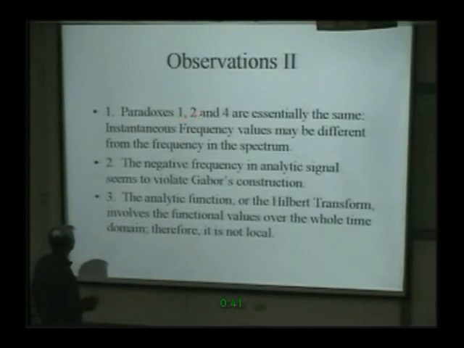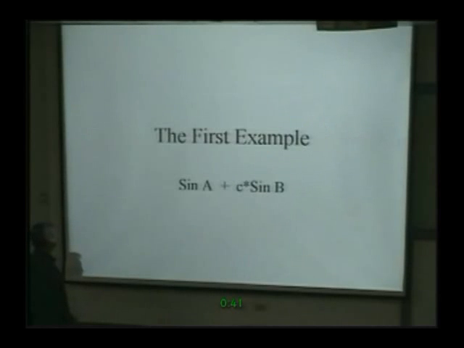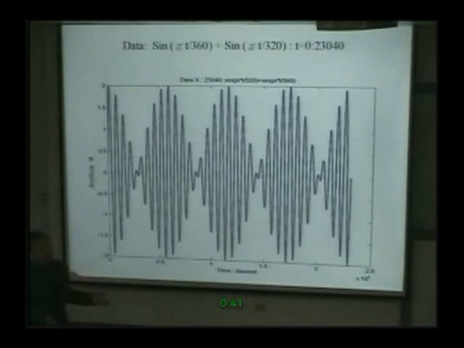Paradox 1, 2, 4 are essentially the same: instantaneous frequency may be different from the frequency in the spectrum. Negative frequency from Gabor's construction is an issue. And Hilbert transformation not being local is another issue. In fact, all of that can boil down to these 3 objections. So, resolution of paradox 1, 2, and 4. 2 examples. We have gone through this example many, many times.